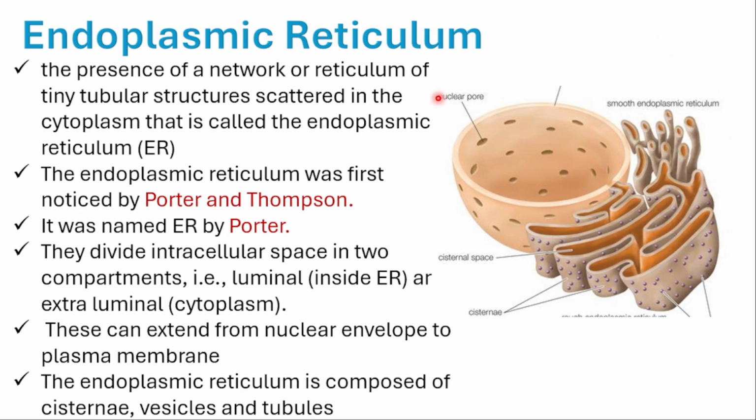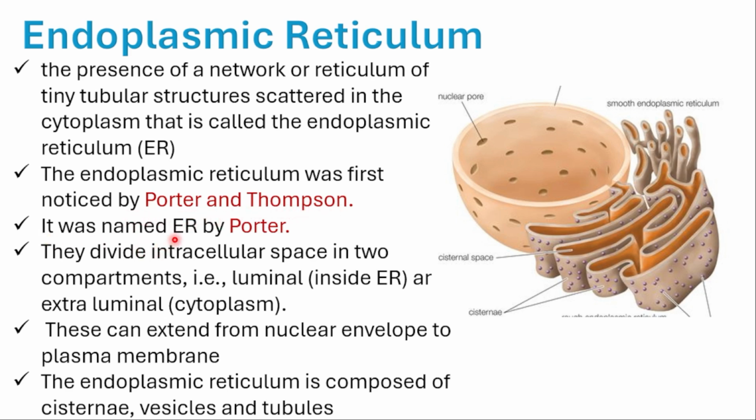Just imagine this is a cell; inside the cell there is a nucleus, and the endoplasmic reticulum is scattered inside the cytoplasm. The endoplasmic reticulum was first noticed by Porter and Thompson.